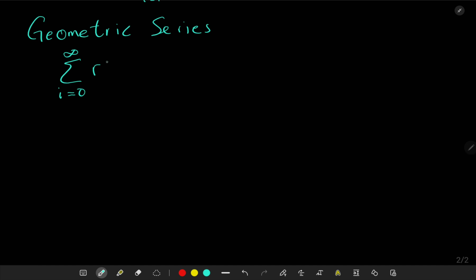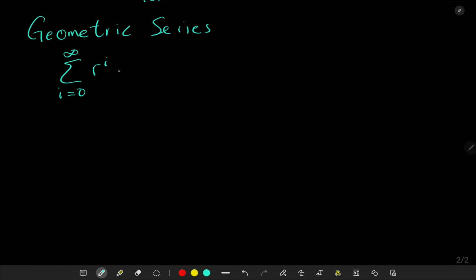So one last type of series, which is called the geometric series. Let's talk about that and then we leave the limit at that to limit the video. So in this case, we have things of the form i equals 0 to infinity of things of the form r to the i.